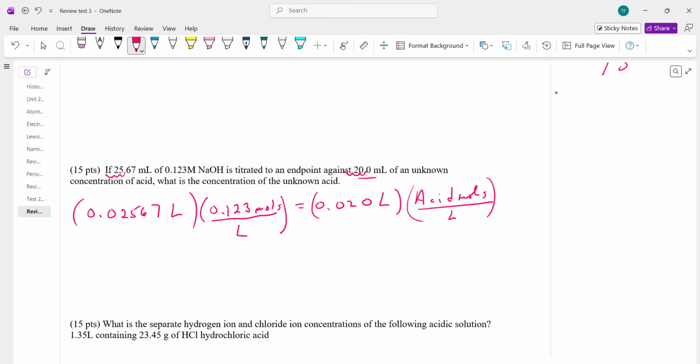Okay, now we can solve for the acid concentration. So we're going to divide both sides by, well, that cancels.